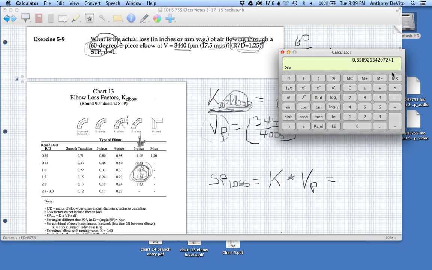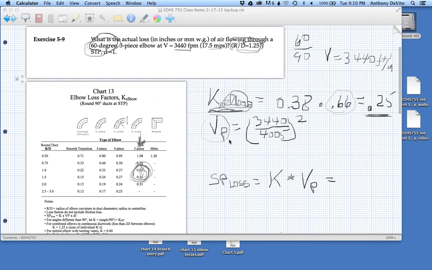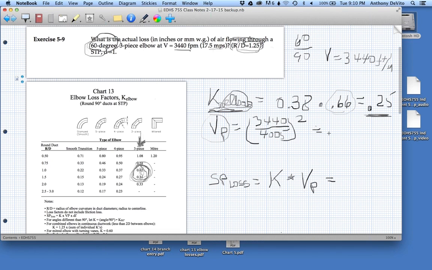First, I'll put this in the memory in case I lose it. Times itself is 0.74. Hopefully I did that right. So this is equal to 0.74.